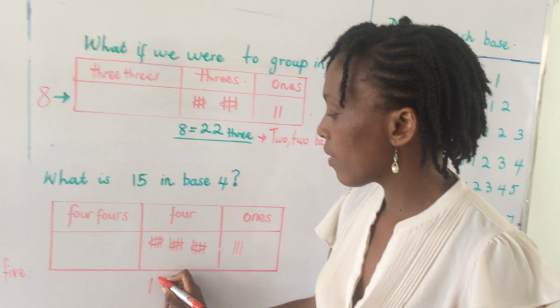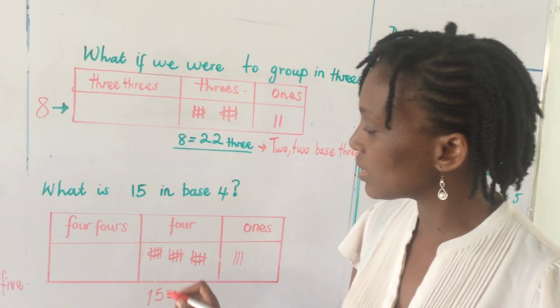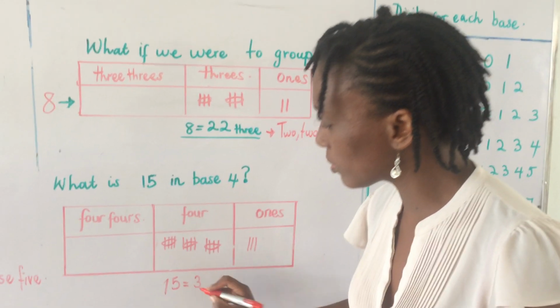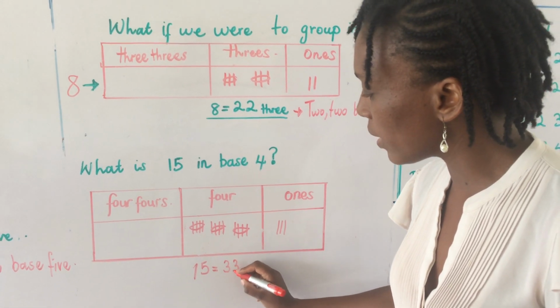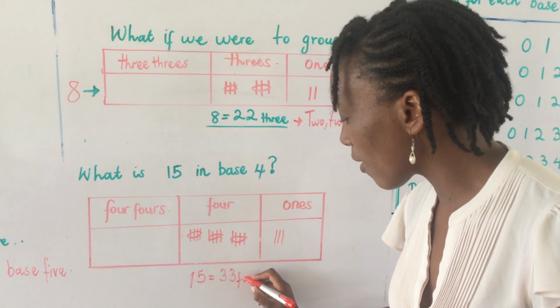So what this means is 15 is 3 groups of 4 and 3 ones, base 4.